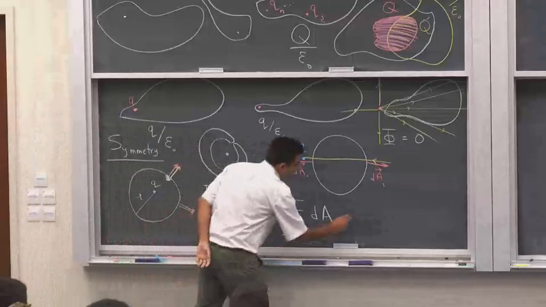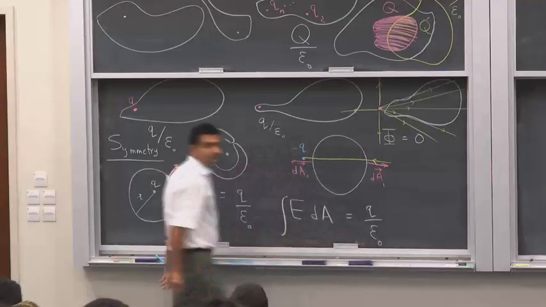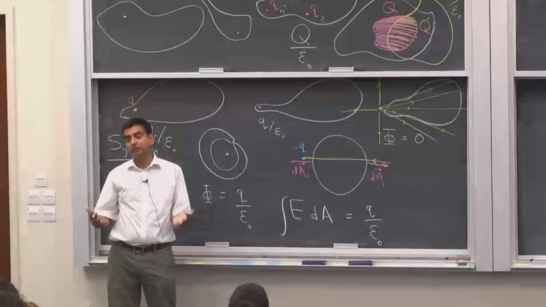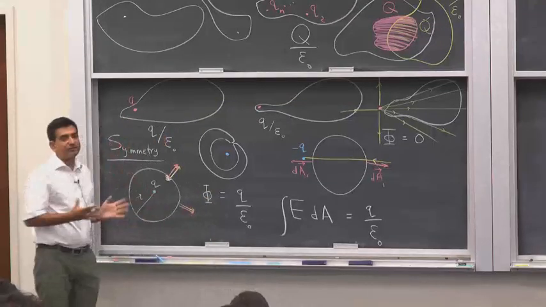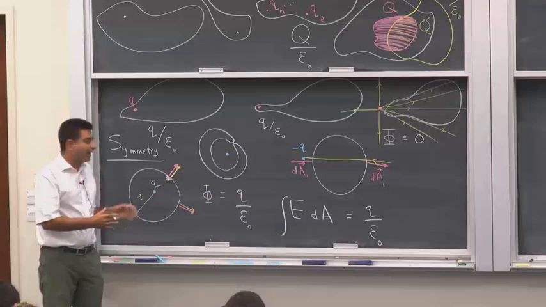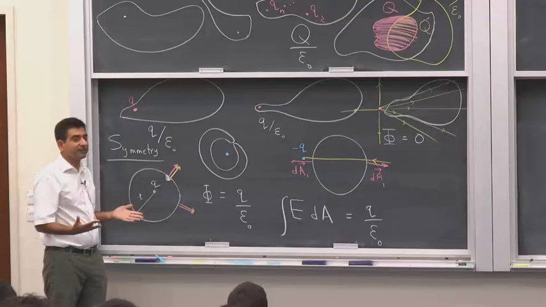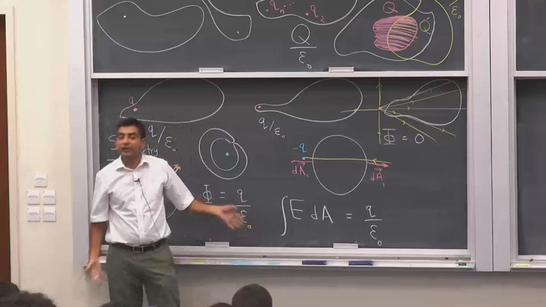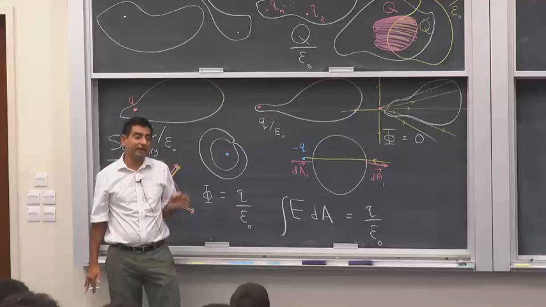This should give me the charge enclosed over epsilon naught. So this is my starting point. I started off from Gauss's law by considering the symmetry of the situation. So I consider the geometry of this problem and I find out what direction the electric field is going to lie in, what is its magnitude, and I state Gauss's law. This is just Gauss's law. Now from Gauss's law I would like to determine the electric field. So I can do that.